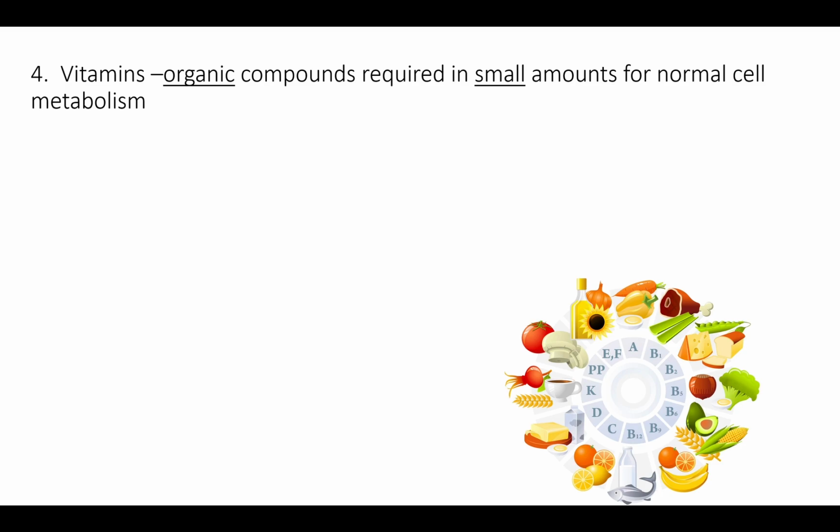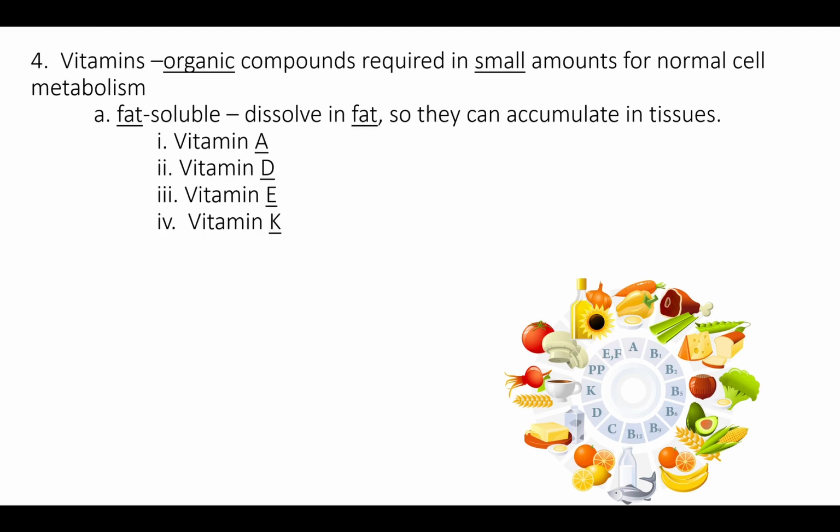The vitamins are divided into 2 different categories based on their solubility, what they dissolve in. One type is called fat soluble, and these obviously will dissolve in fat. The good thing is that you can store these up because it stays in your fat tissue.